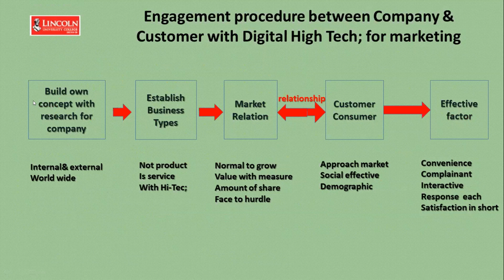Research is their own concept. Build internal and external, worldwide, to customers. This is the main platform. Then establish business types: not product, it's service. Product equals service for the business of Alibaba and Jack Ma with high tech.